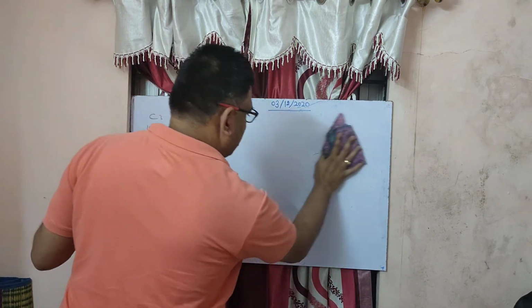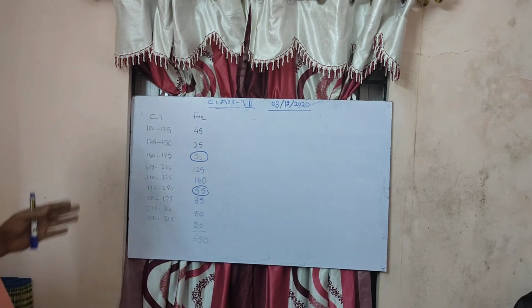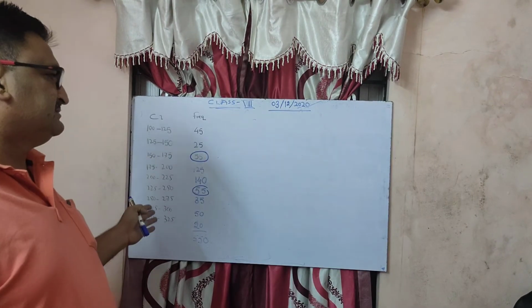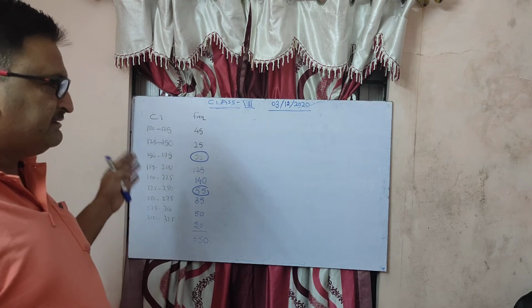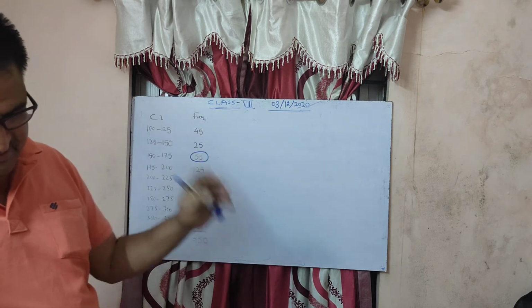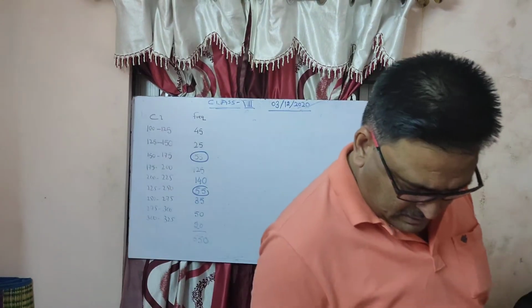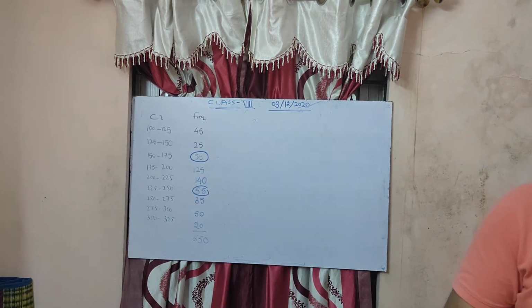Based on this class frequency distribution table, how to represent this in the form of bar graph. Okay, now let us do it.